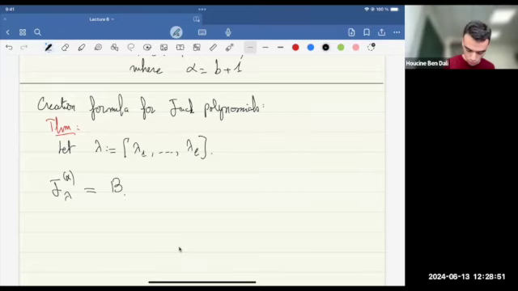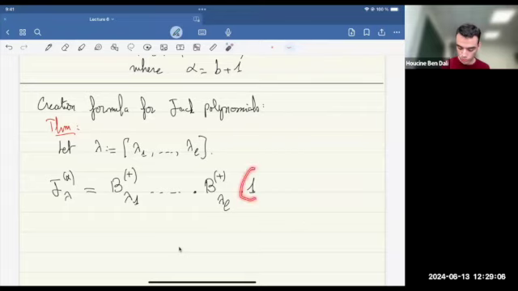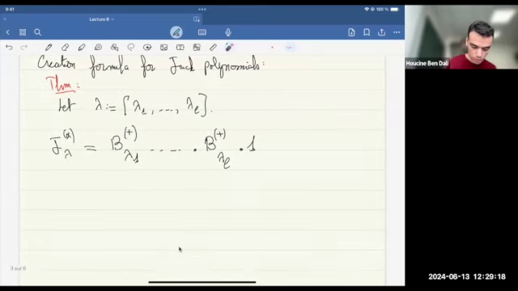So the last one adds the row lambda 1, and the first one adds the row lambda L. So we start from 1, the constant symmetric function 1. We apply some operators, and each time we apply an operator, we're adding a row, starting from the smallest row to the biggest row. And what are these differential operators?